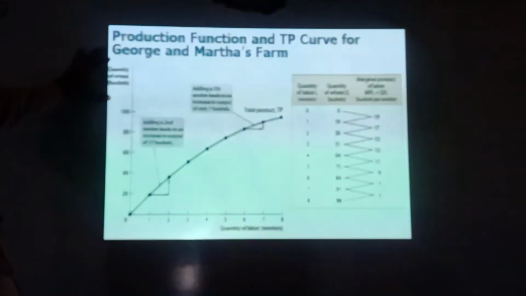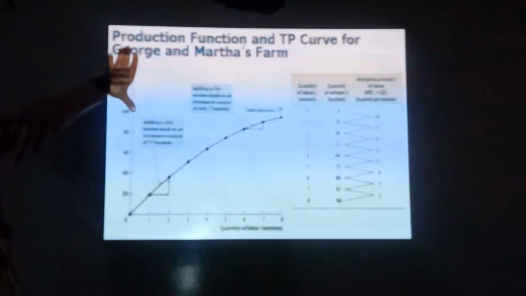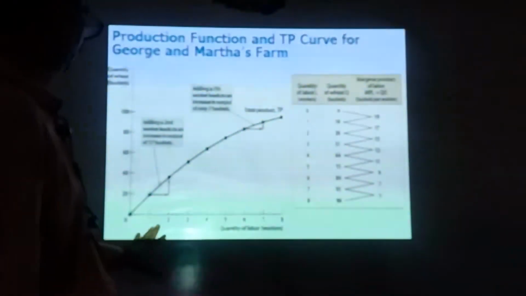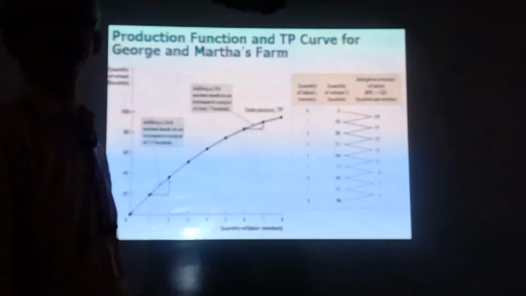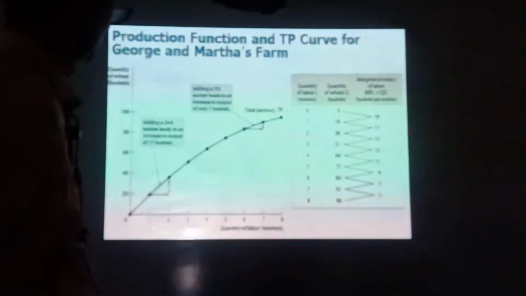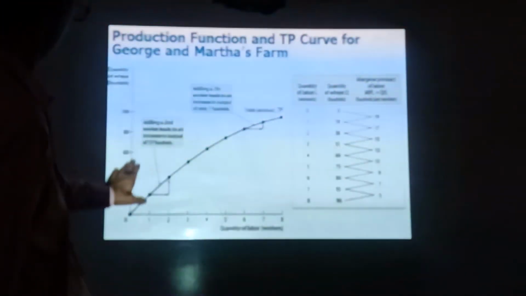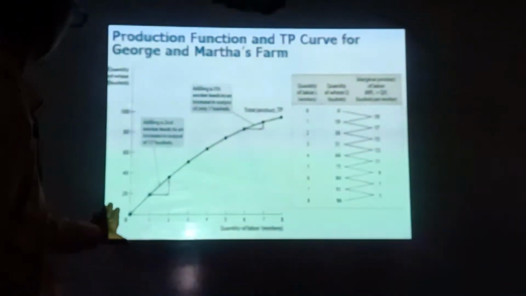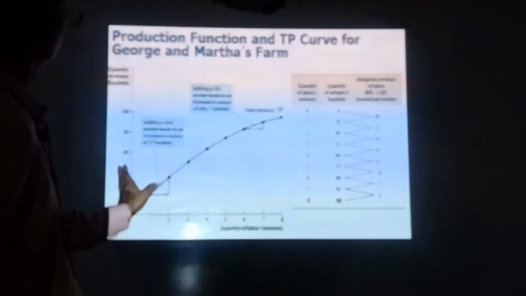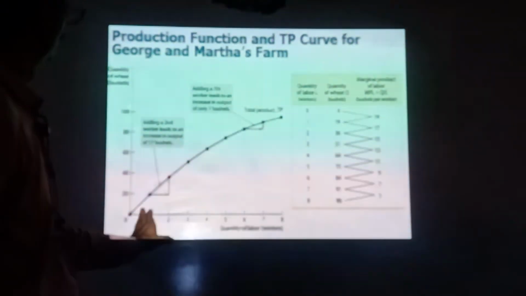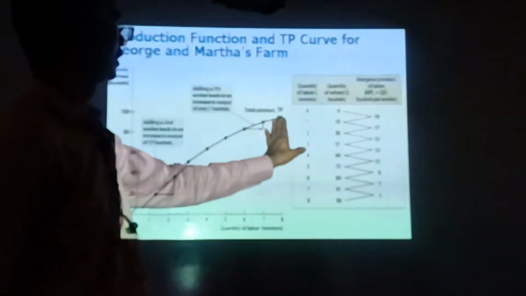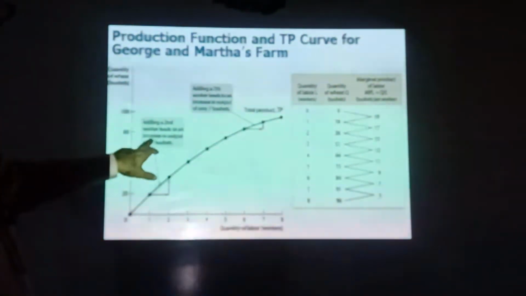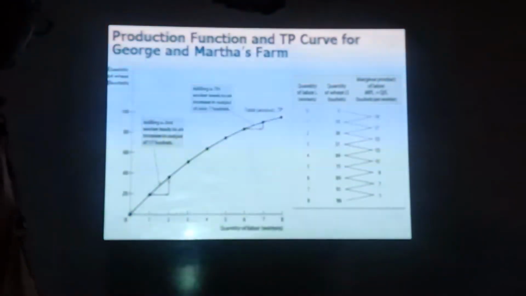Vertically we have written the quantity of wheat bushels, and horizontally the quantity of labor, the number of farmers. You can see that the more laborers we employ, the more output we get; the total physical product is rising. Adding a second worker leads to an increase in output of 17 bushels.